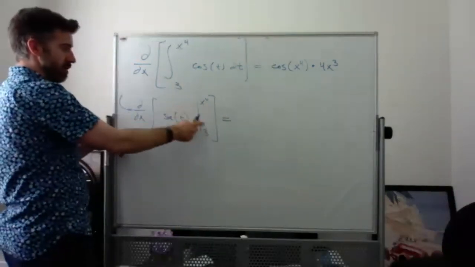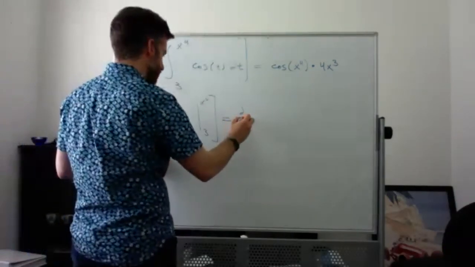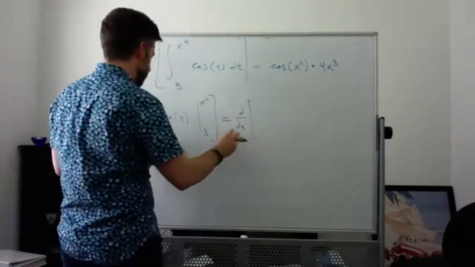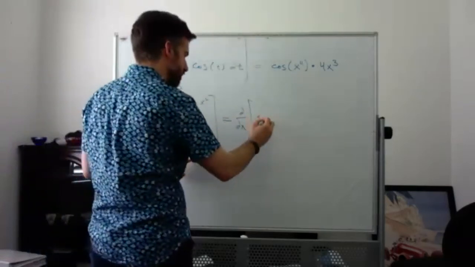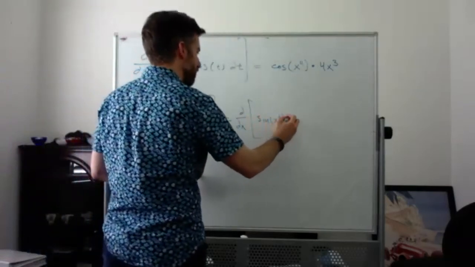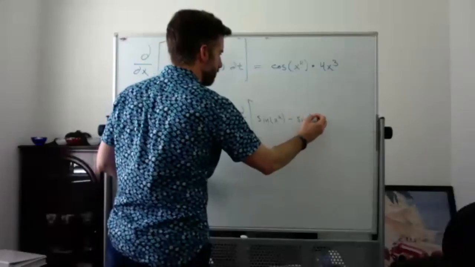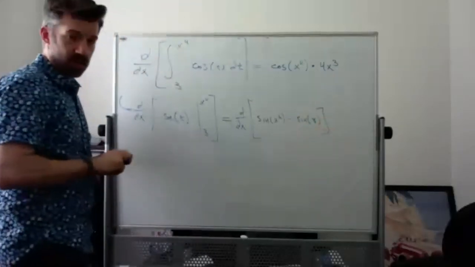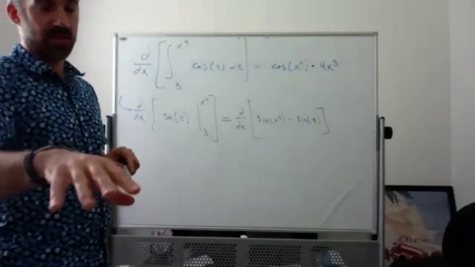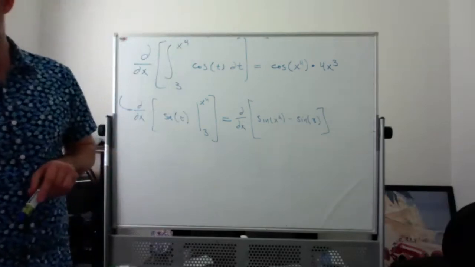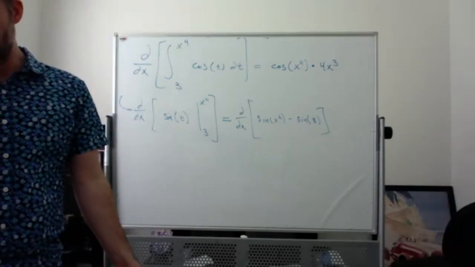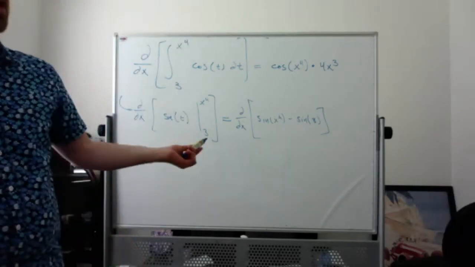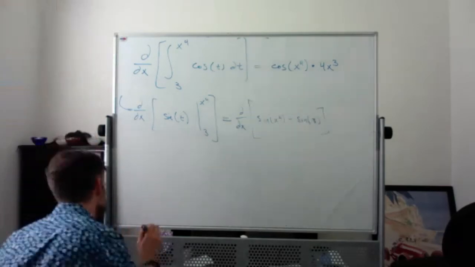Plugging in the limits of integration, I get the derivative of sine of x to the 4th minus sine of 3. Okay, now let me ask you guys, what's the derivative of sine of x? Everybody says negative cosine of x.